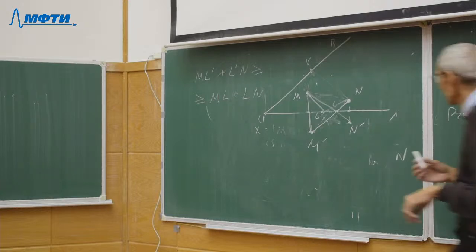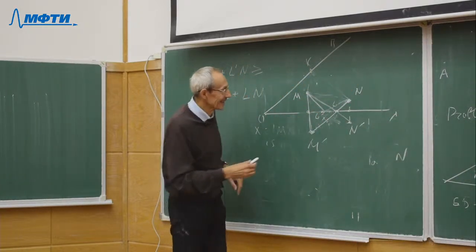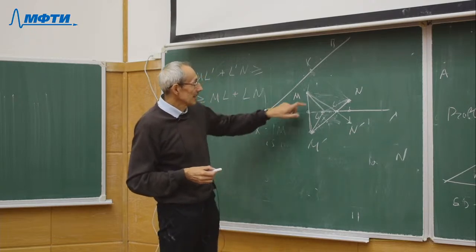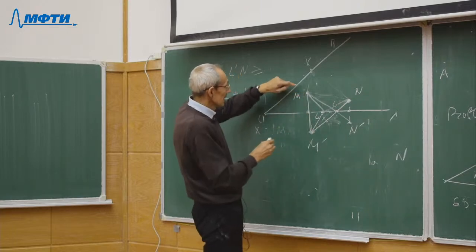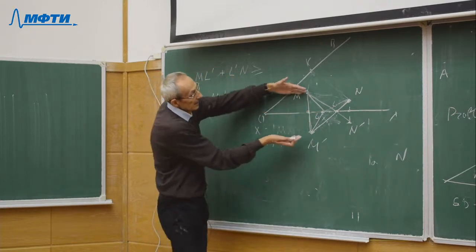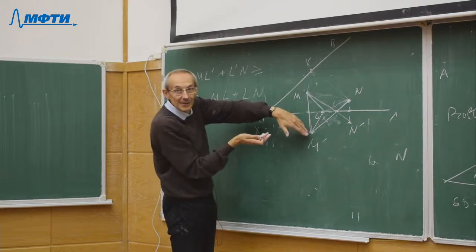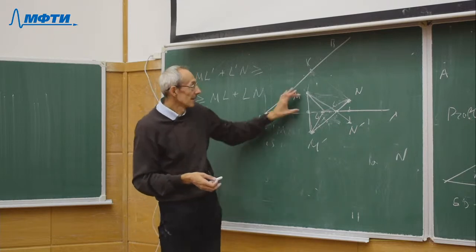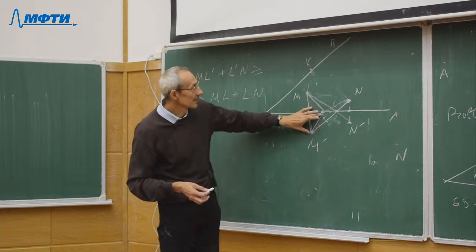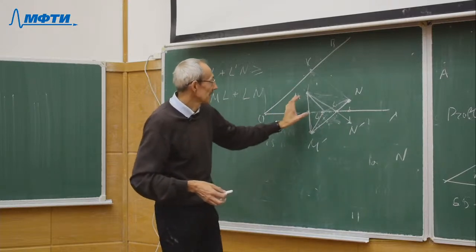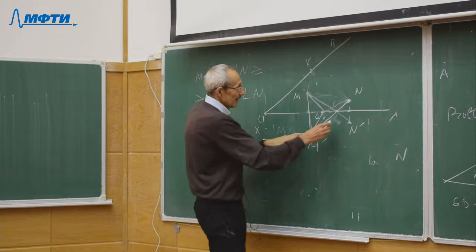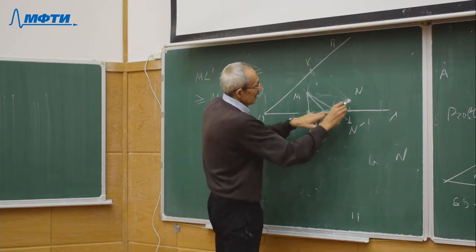Let's reflect this picture. We must note that the distances ML prime and M prime L prime are equal, because we can reflect one triangle onto the other triangle, and these distances coincide. Then these distances plus this one are equal to this plus this, but this plus this is equal to this plus this.